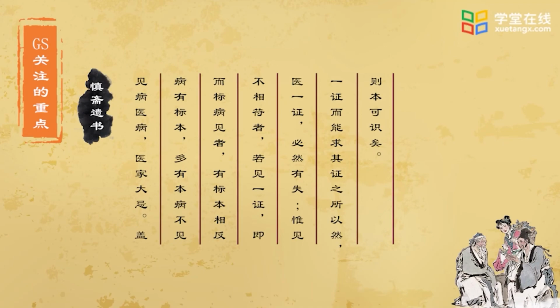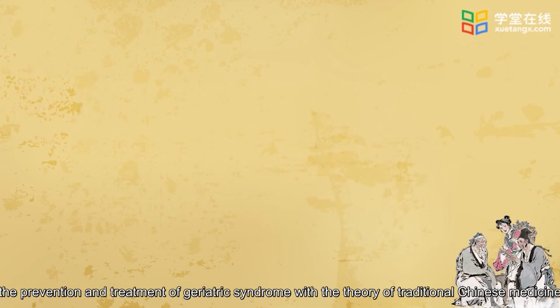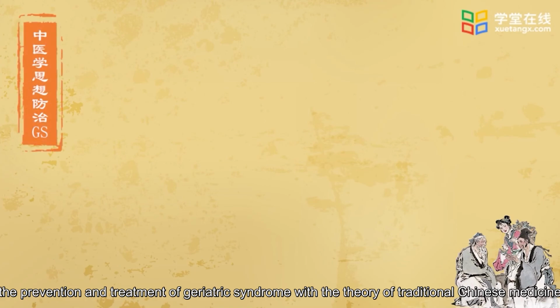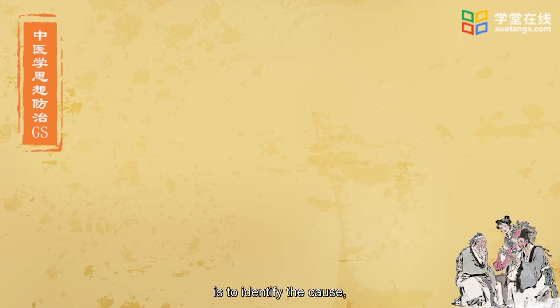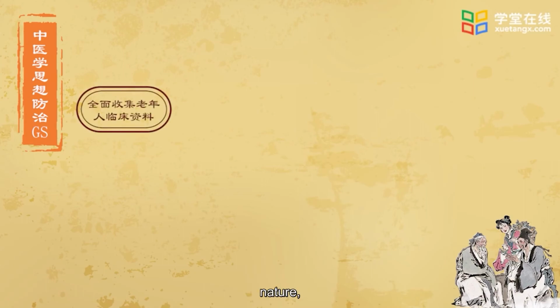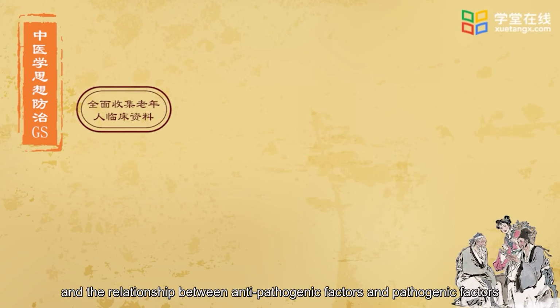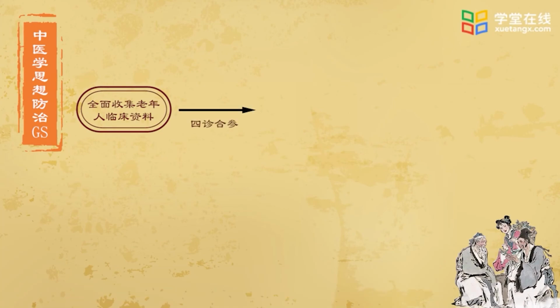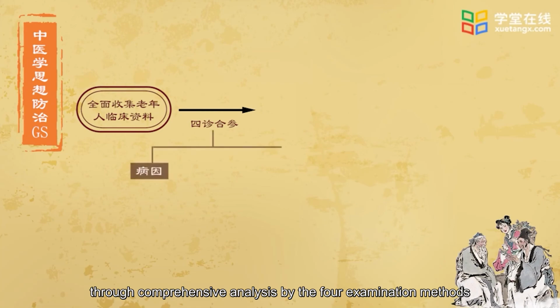of the disease. Then, the prevention and treatment of geriatric syndrome with the theory of traditional Chinese medicine is to identify the cause, nature, location of the disease, and the relationship between antipathogenic factors and pathogenic factors through comprehensive analysis by the four examination methods.